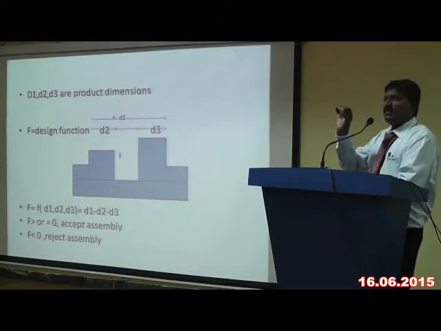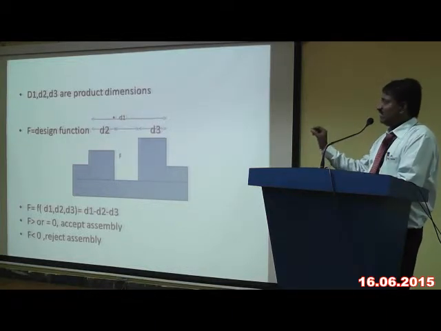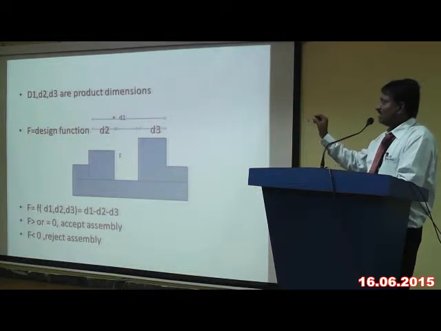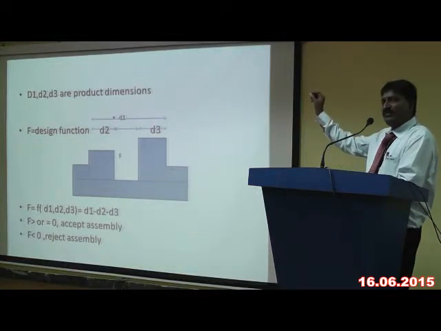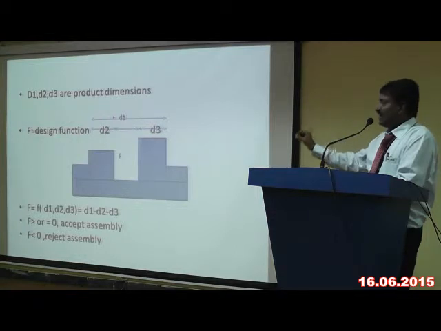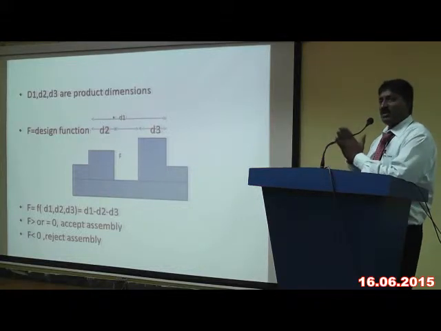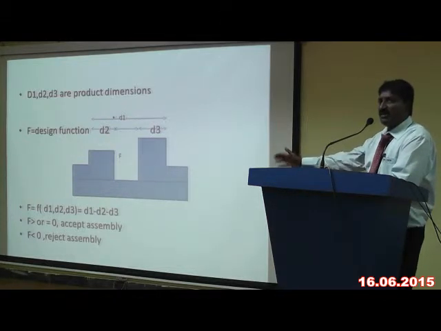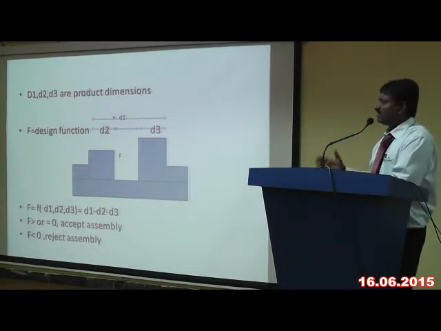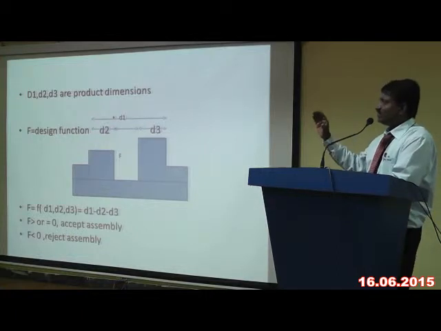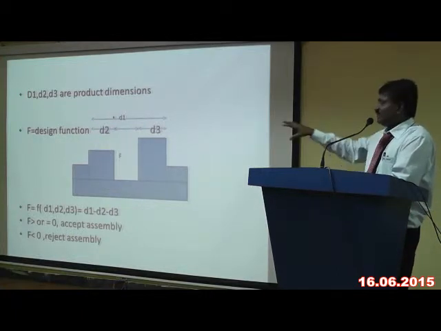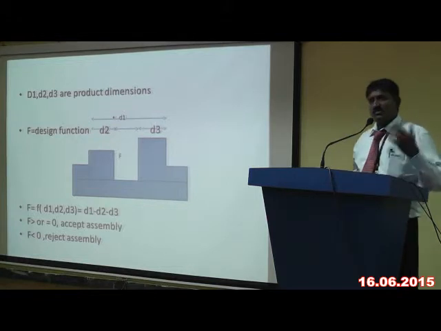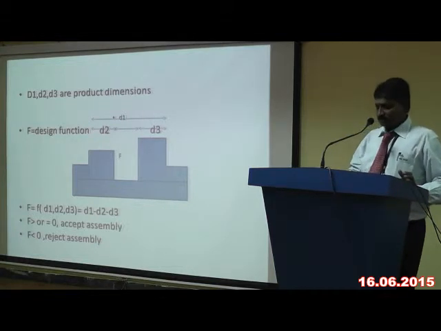A very simple rule: if F is less than 0, that means it cannot get inside, right? So reject assembly. Like this, there are several applications where this is the base that we are going to see, with D1, D2, D3 and several other dimensions.